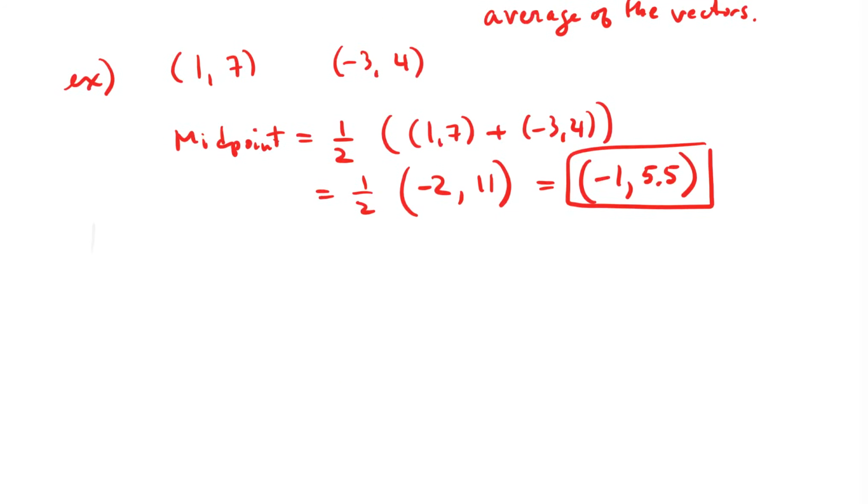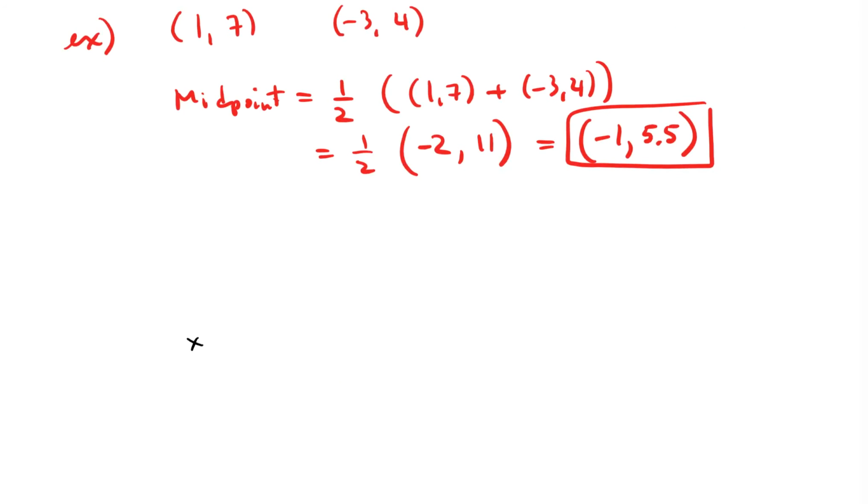Okay, now let's try to solve an even more general problem. I've got again point A, point B, and now I want to get to a point. Let's join this by a line. It could be, I don't know, maybe 2/3 of the way between A and B, or it could be 1/3 of the way between A and B. The fraction will be represented by what we usually call a parameter. This is lambda, a Greek letter.